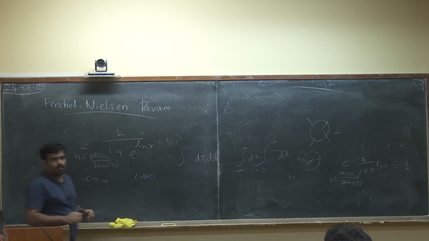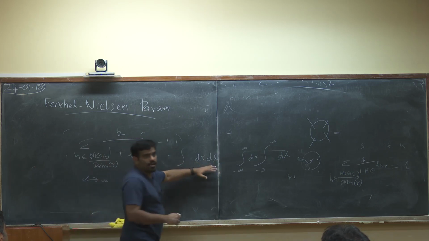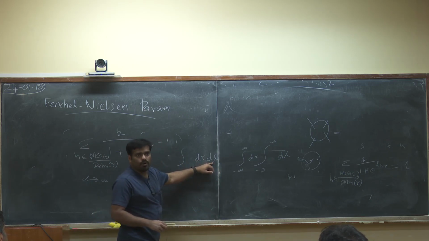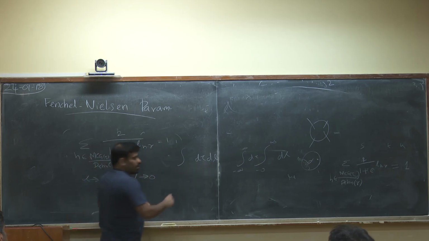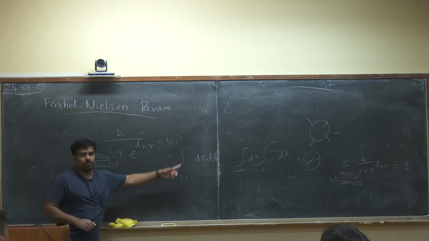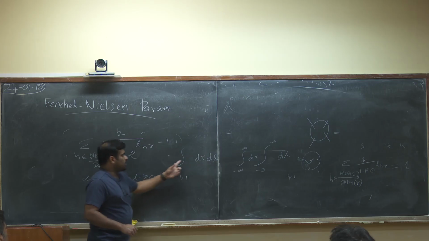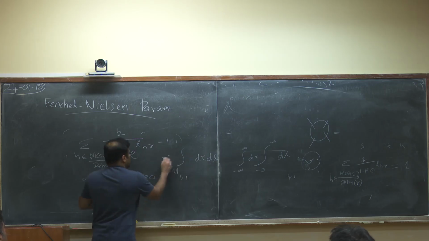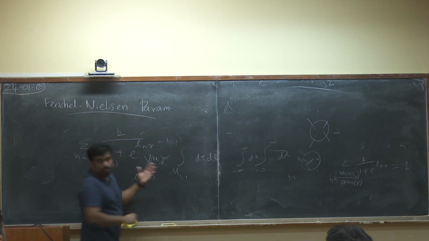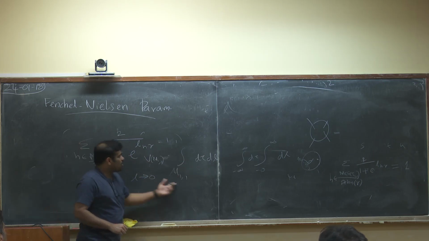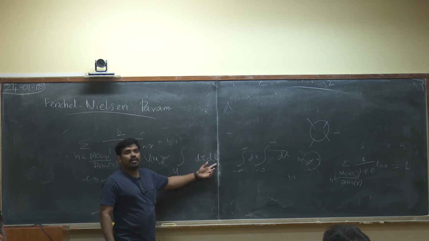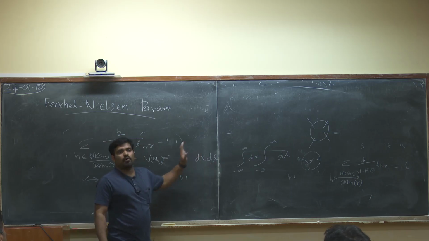So let me write it. d tau dL is the volume form for the moduli space of the torus with one puncture. This is the integral that I am supposed to perform, and it will give me the volume of the moduli space. Unfortunately, I don't know what region of tau and L corresponds to the moduli space.